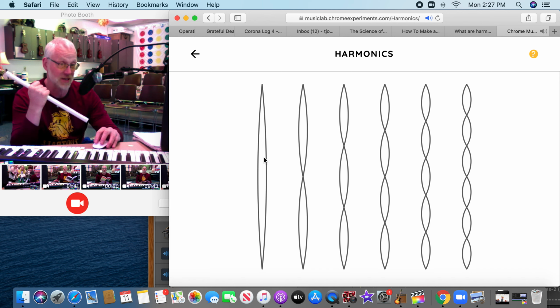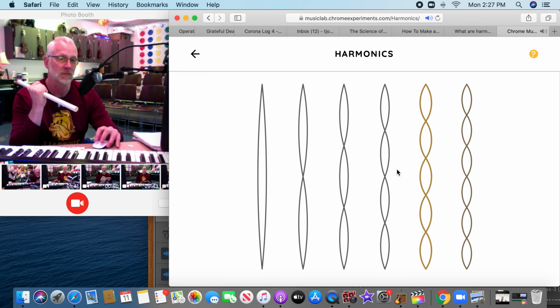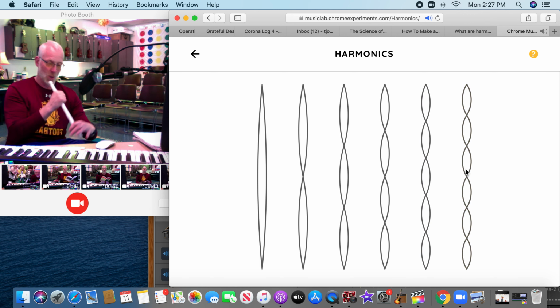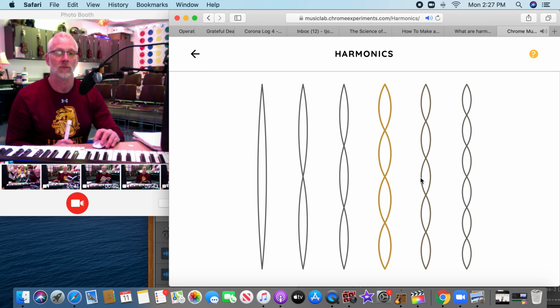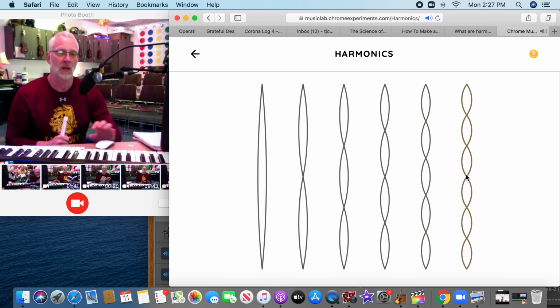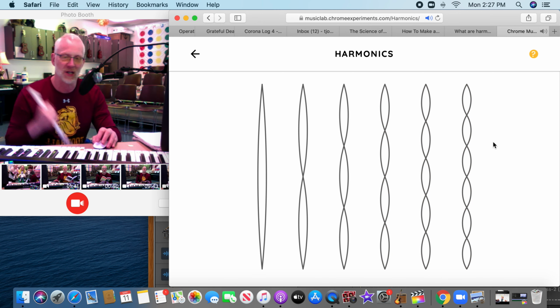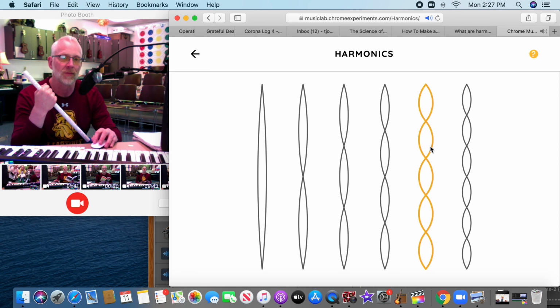So this is a harmonic scale in F, so I should be able to play this. Try that again. So anything in here that I can make, I should be able to play on this too.